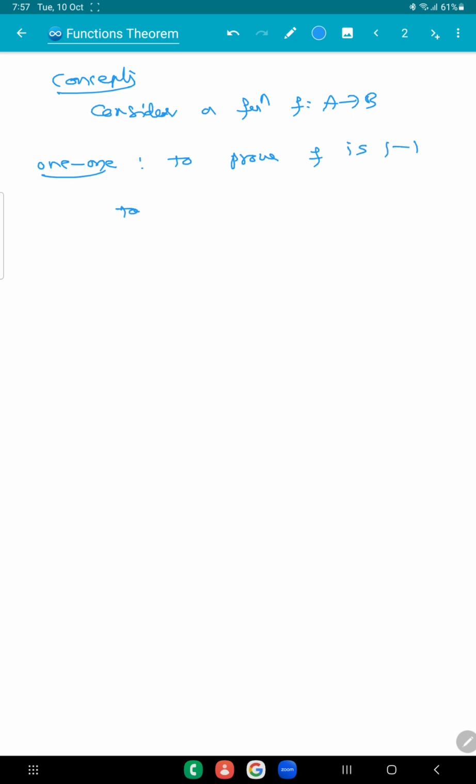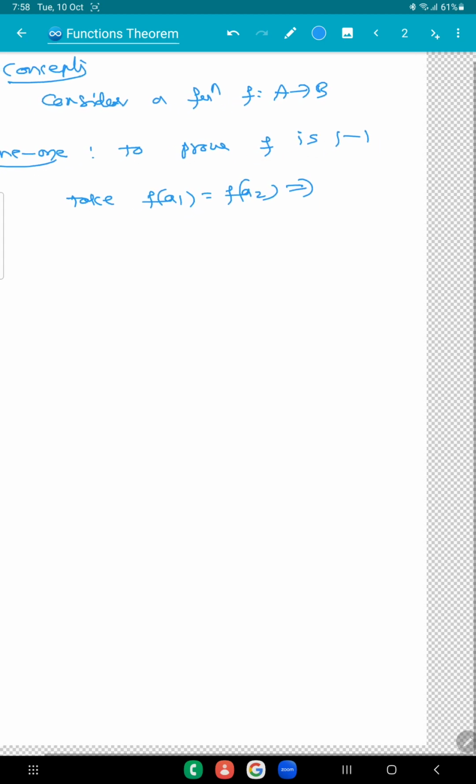The first concept is that to prove a function is 1 1, consider a function f from A to B. It's a function 1 1. To prove f is 1 1, take f of a1 is equal to f of a2 implies that, prove.